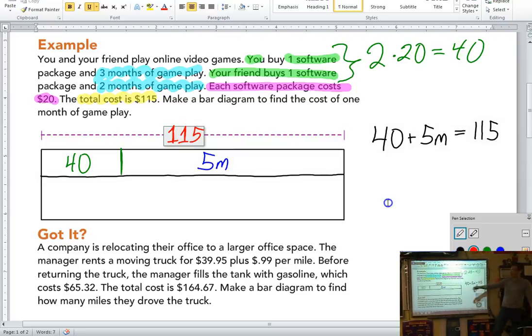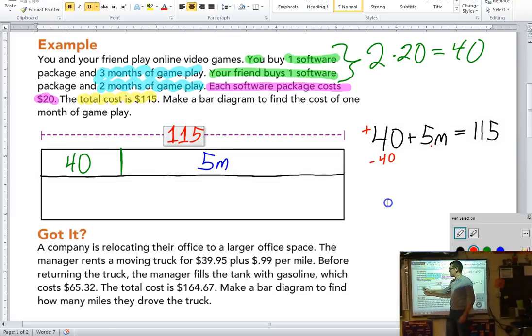If I were to try to take away the 5, that 5 is not added. That 5 is being multiplied. What's being added is the 40. What you don't notice is there's a plus sign in front of it. We just don't write it. So what we need to do is take away the 40 on both sides.